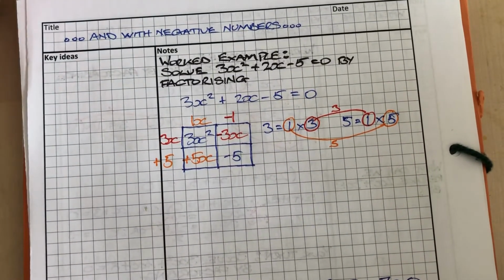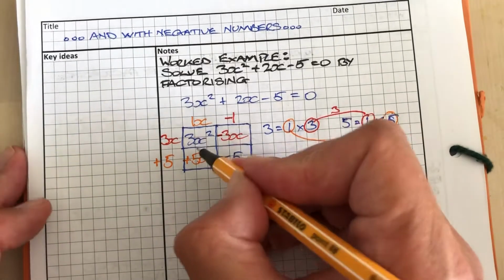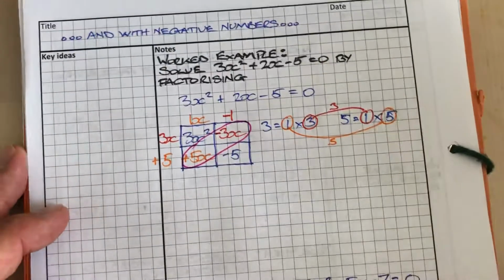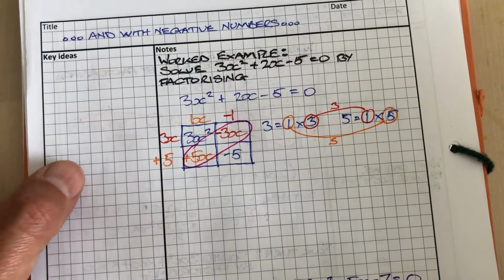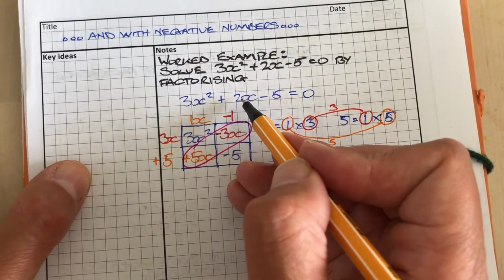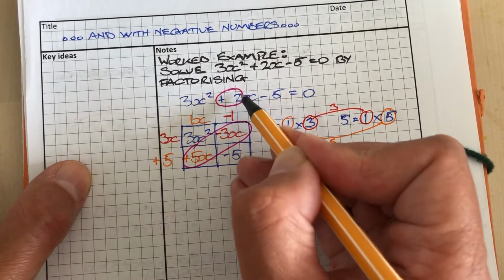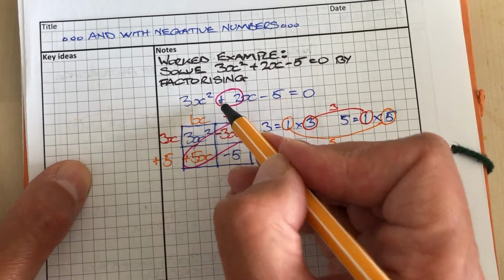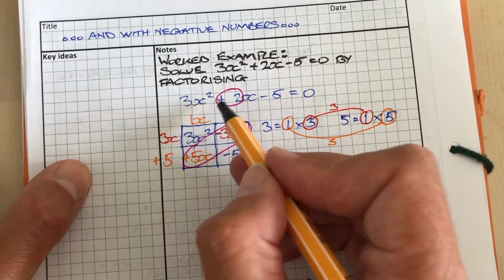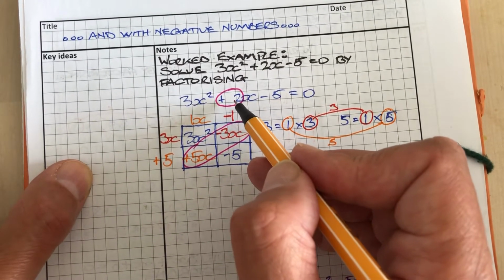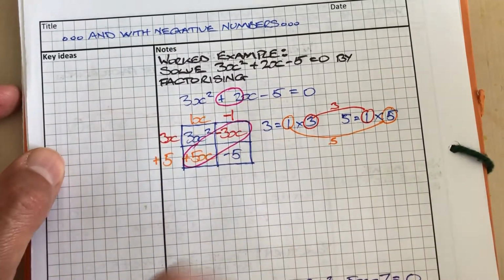And then hopefully you can see that when we combine 5x and negative 3x, we get 2x here. And I'm going to put a ring around not just the 2 but the plus as well to emphasize that this is positive 2, add 2, not just 2. Okay, extra emphasis there.